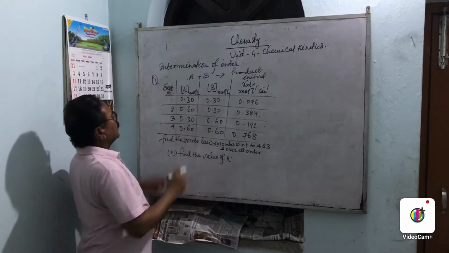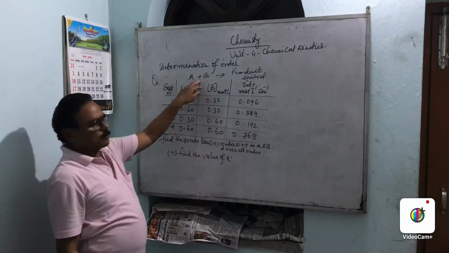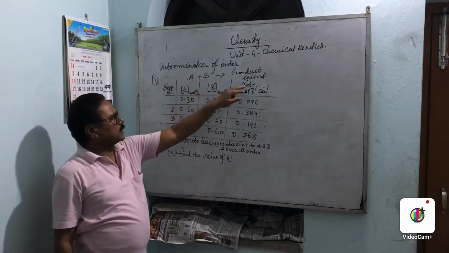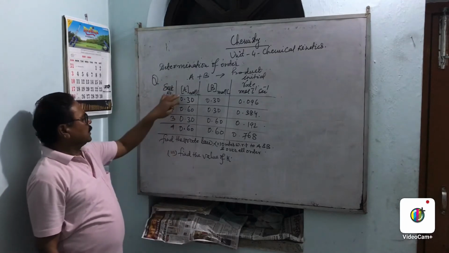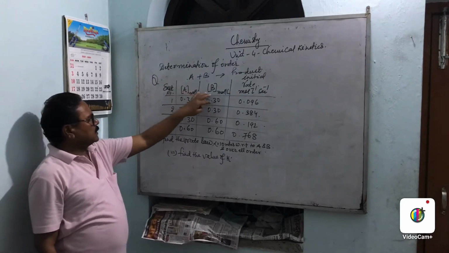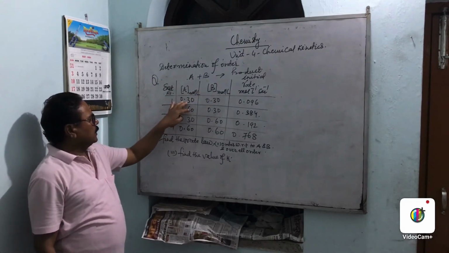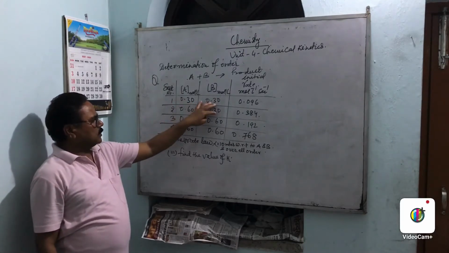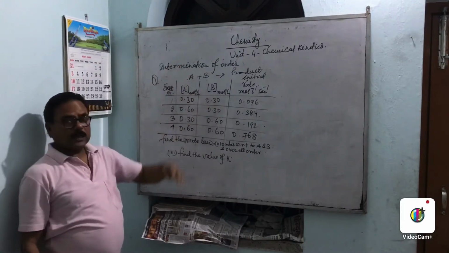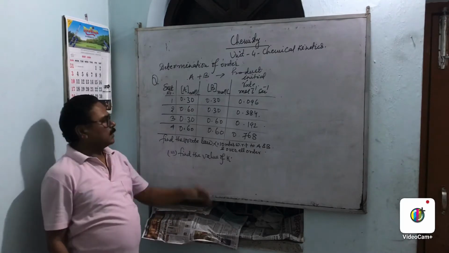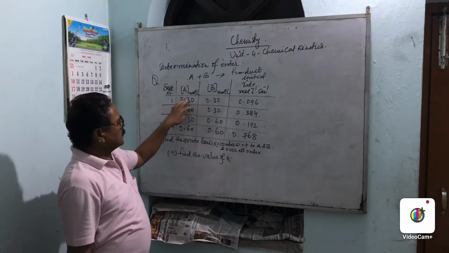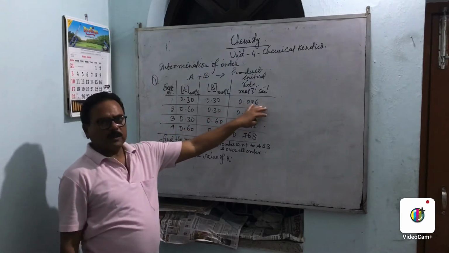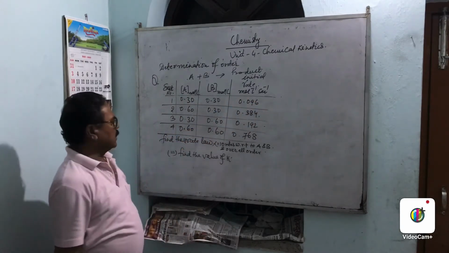Suppose the question is given: the reaction takes place between A and B, the product is found, and 4 experiments were performed. Initially the concentrations of A and B are 0.30, 0.30. We plot a graph between concentration and time, and we determine the rate from the slope of the curve.